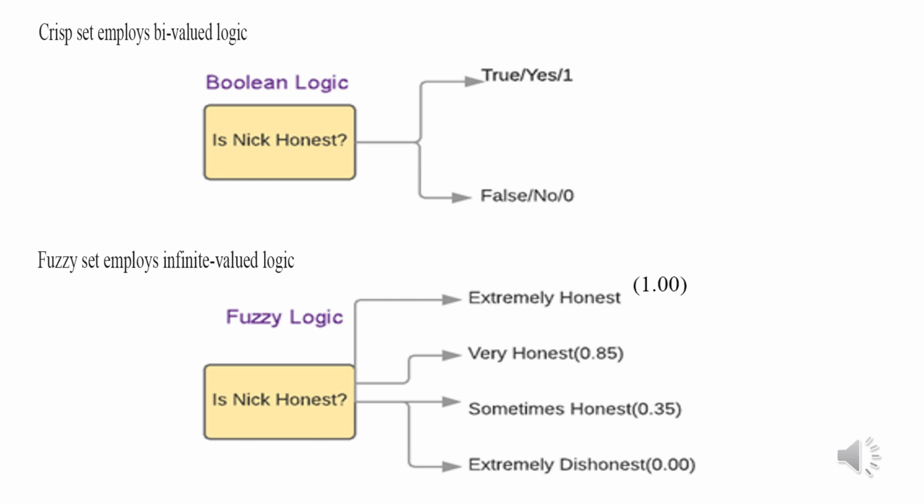Since very honest is closer to extremely honest, we can give the membership value as 0.85. And for sometime honest, we can still more reduce the membership value as 0.35. Here, infinite valued logic, that is fuzzy logic, is applied.